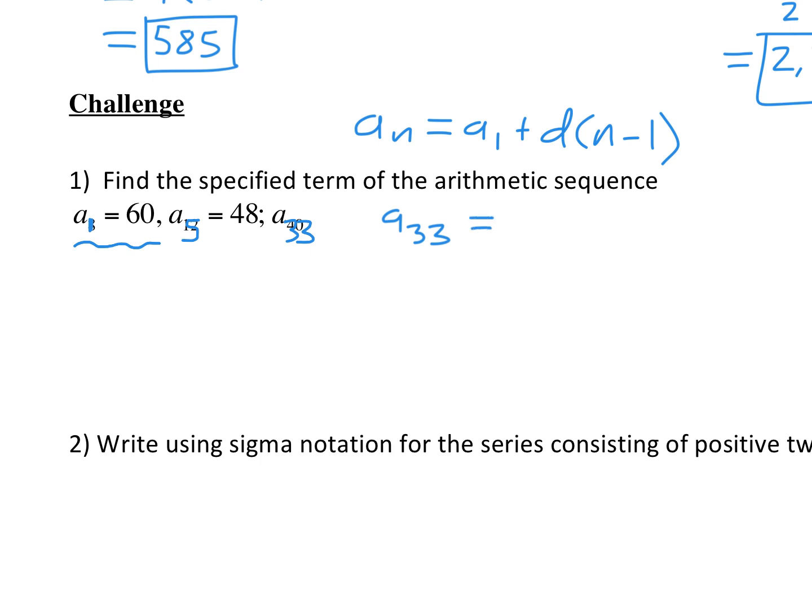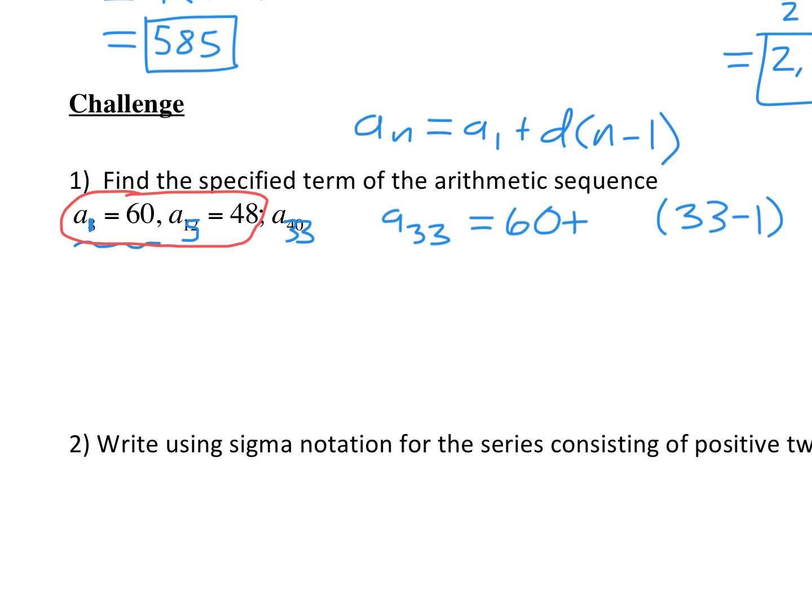That equals 60 plus, now I don't know what D is just yet. So I'm going to leave that blank for now. And then I'm going to plug into this formula one more time using just the things we do know.